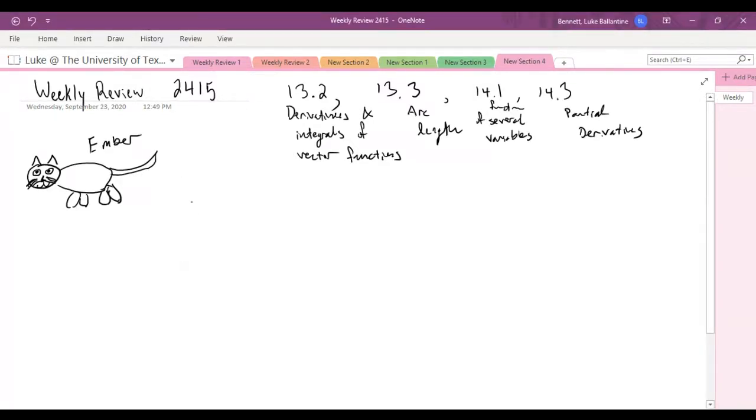So what does the derivative of a vector valued function look like? How do we define that?